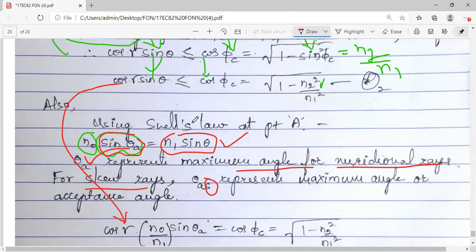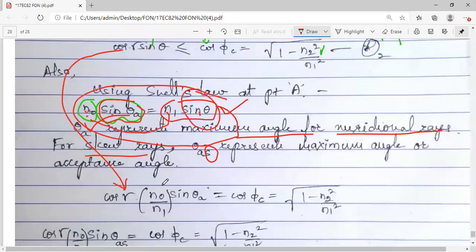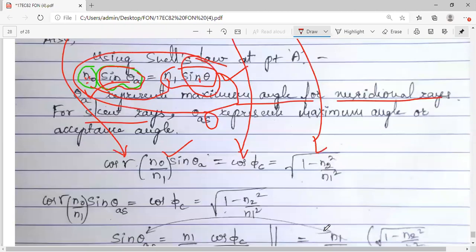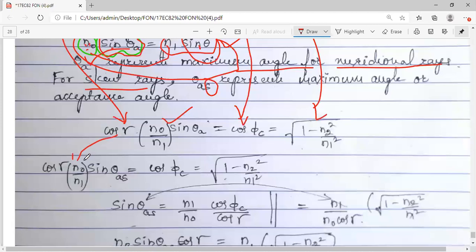Instead of sine theta, I will put N0 by N1 into sine theta A. I am just rearranging Snell's law. For our skew rays, I will change the angle, remaining all the same.